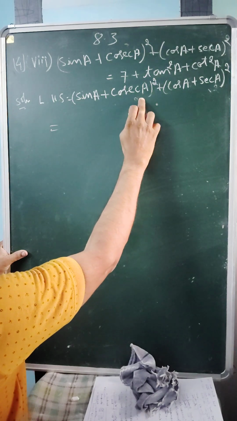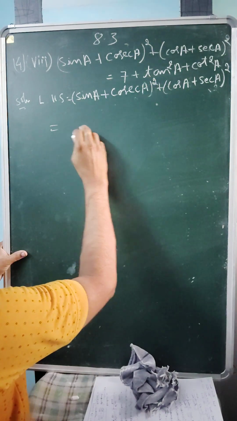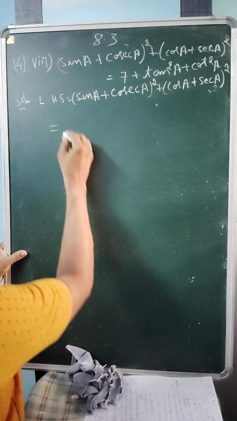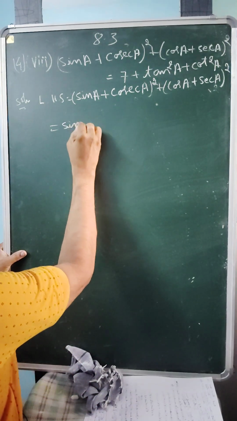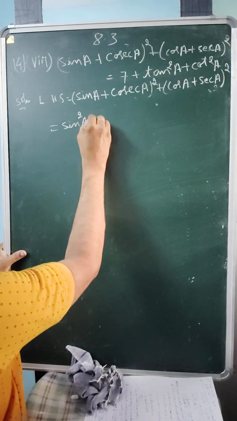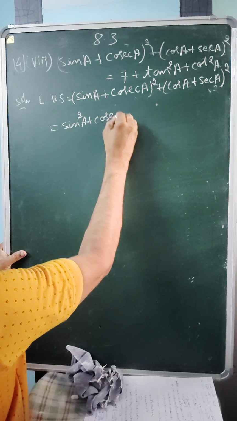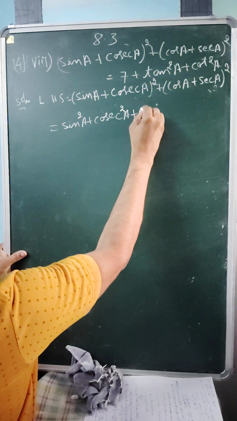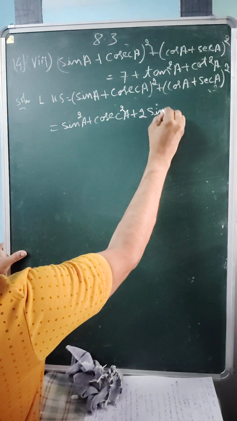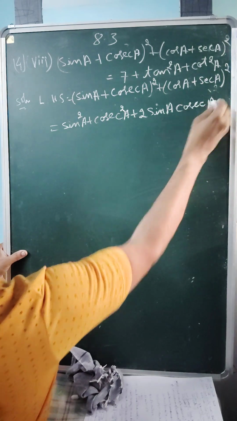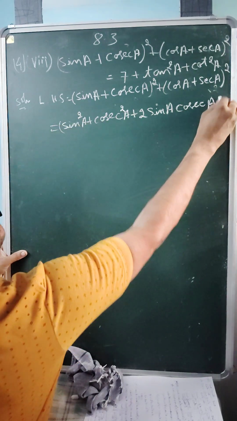Sin A plus cosecant A whole square, instead of writing it I'll simplify that. It is in the form of A plus B whole square: sin square A plus cosecant square A plus 2 sin A cosecant A. This is one value.